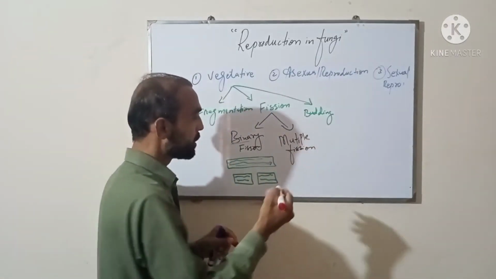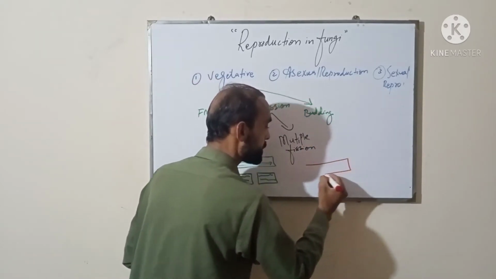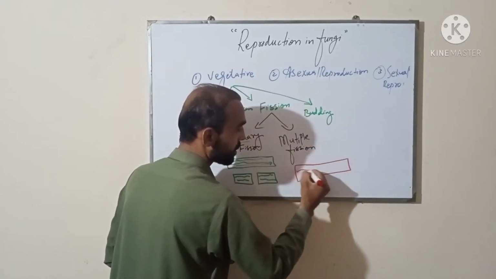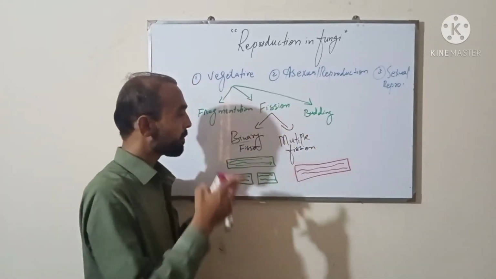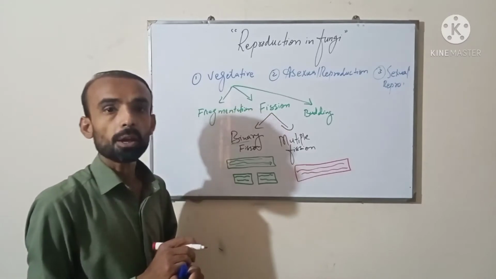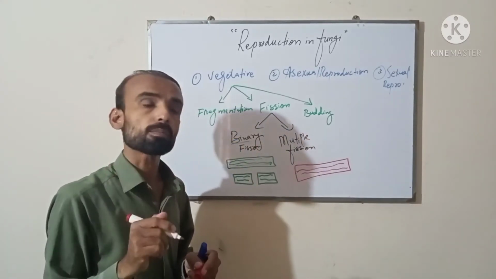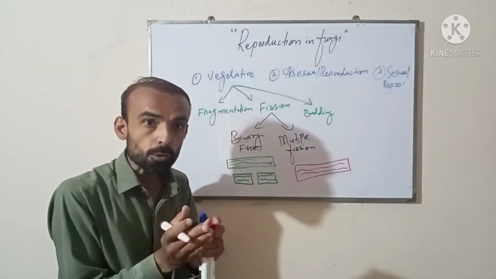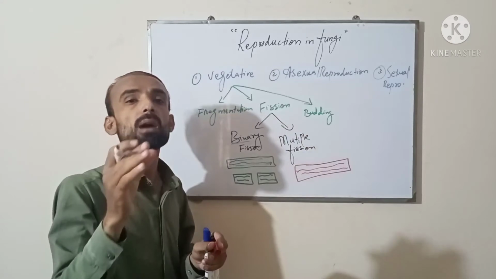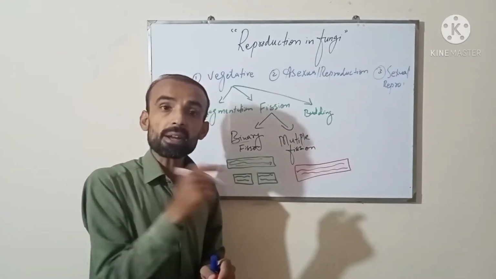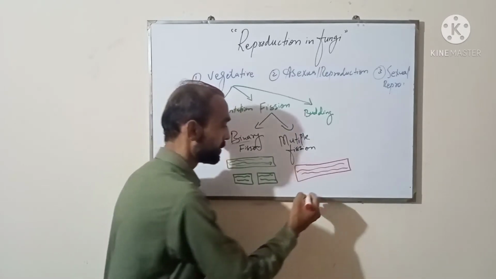Let's see here. In multiple fission, the fungus, this is a hypha, divides into many small parts, not only two parts. But remember that all parts will be equal.